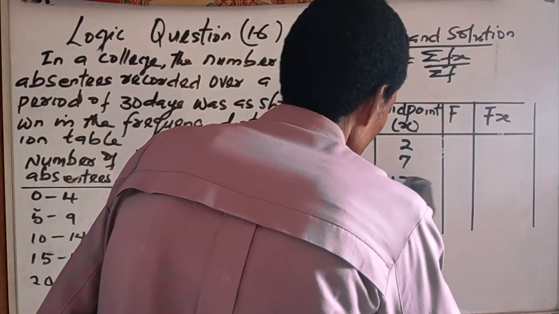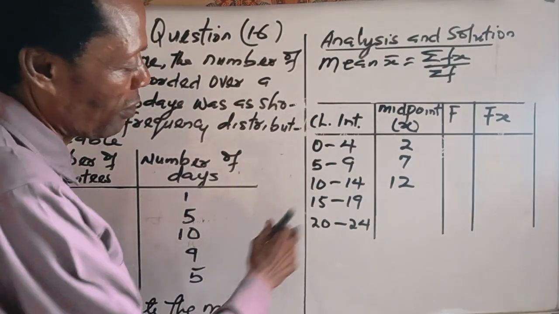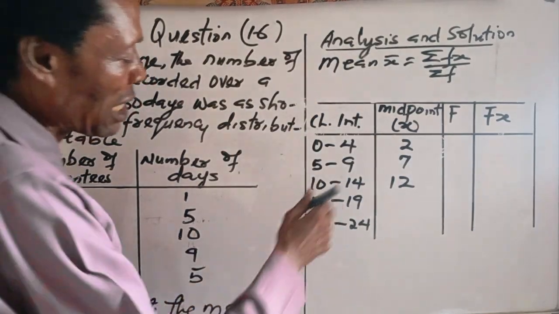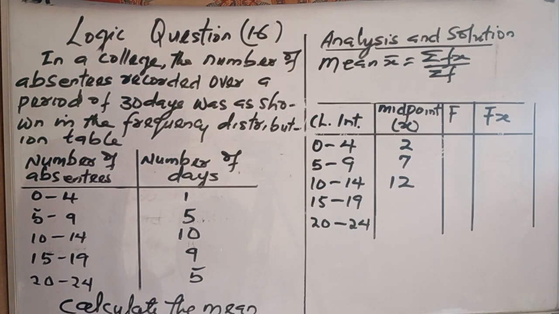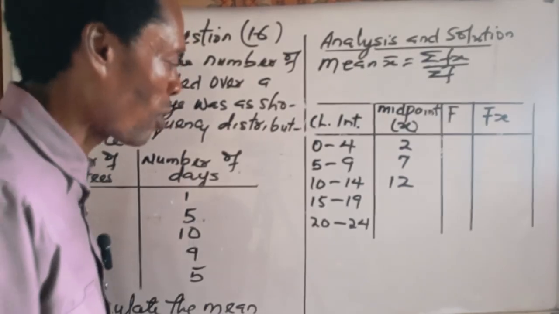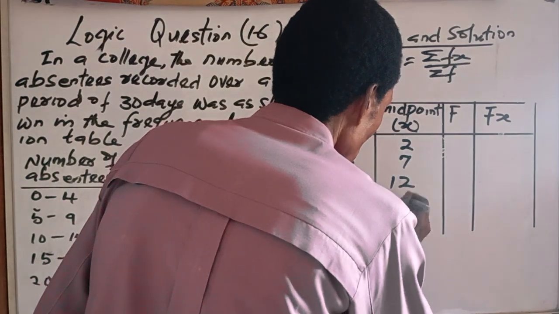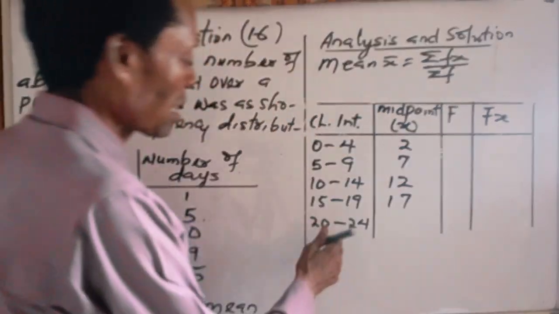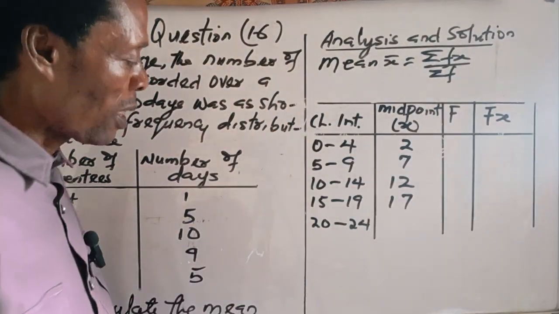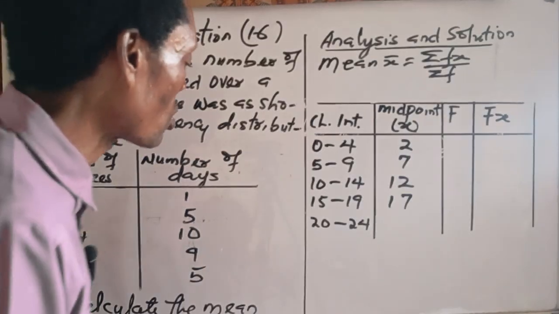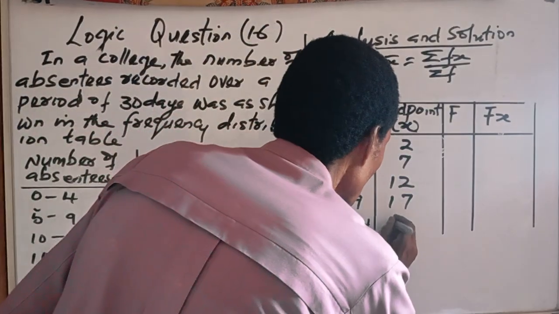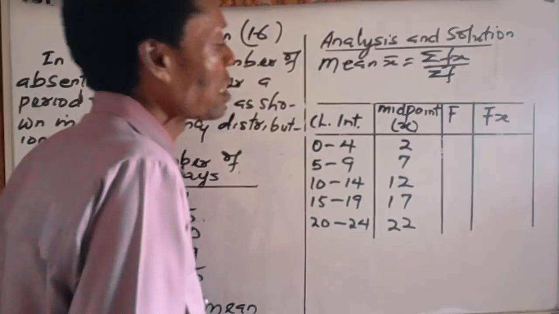So this is 15 to 19. Add them together, it gives us 34. 34 divided by 2 gives us 17. Then this is 20 to 24. Add them together, you have 44. Divided by 2 gives us 22.